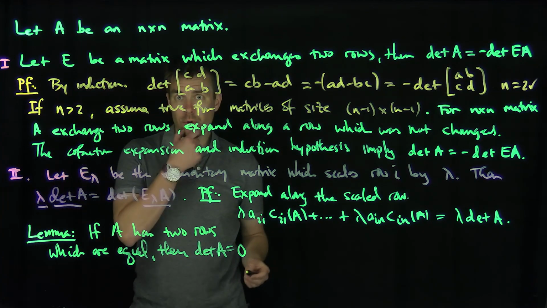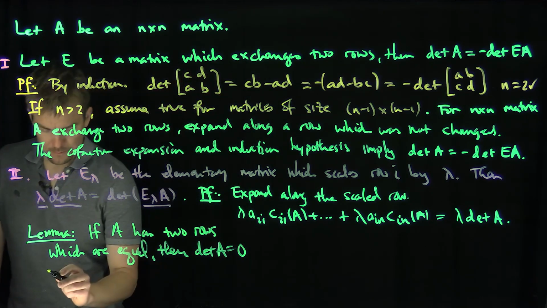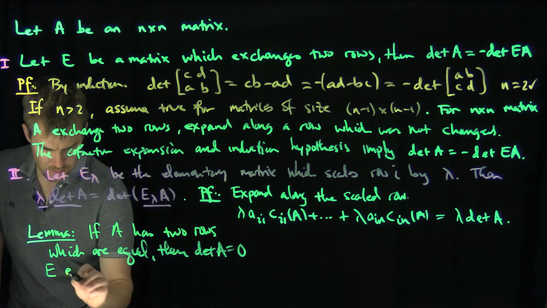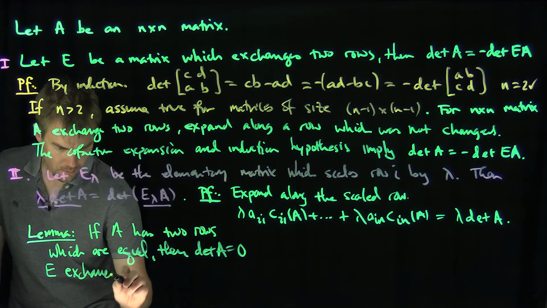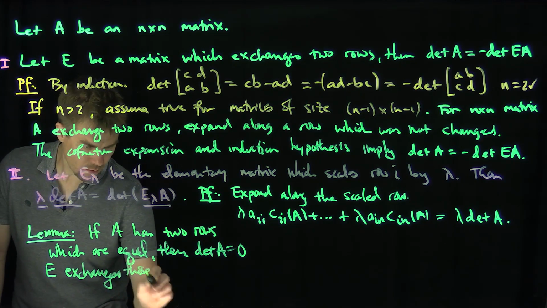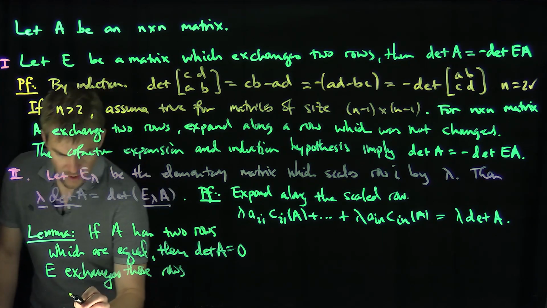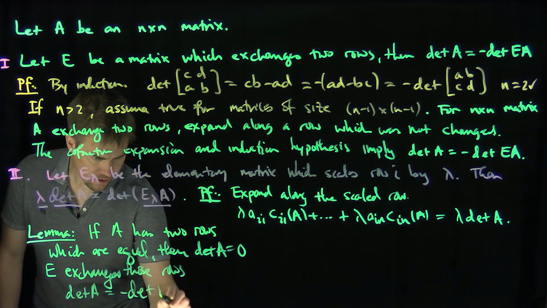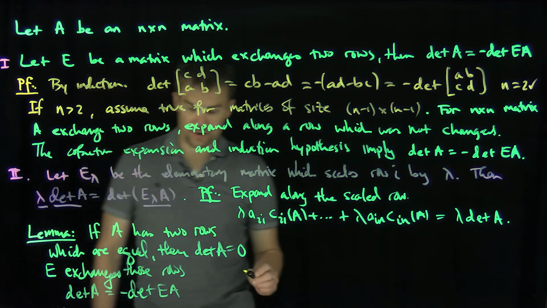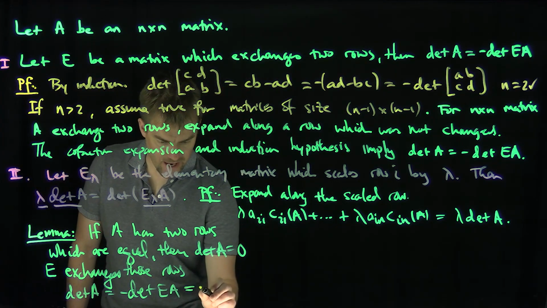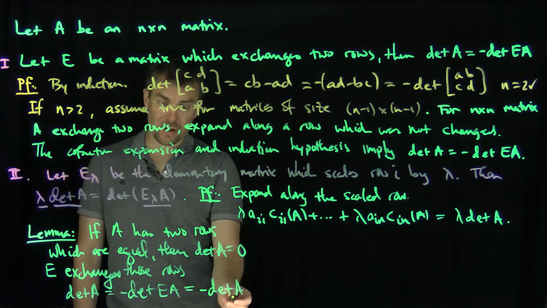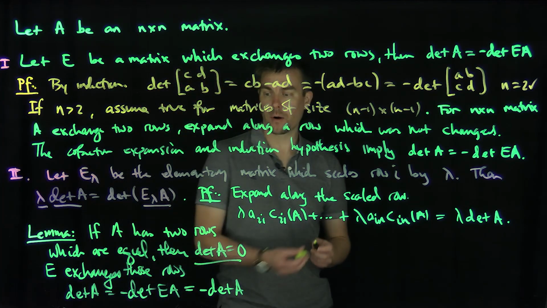The proof is simple. If two rows are the same, let E exchange those rows. Then the determinant of A is the negative determinant of EA. But since those rows are the same, EA is the same thing as A. So that's the negative determinant of A. So the determinant of A is the negative determinant of A. That clearly forces the determinant of A to be 0.